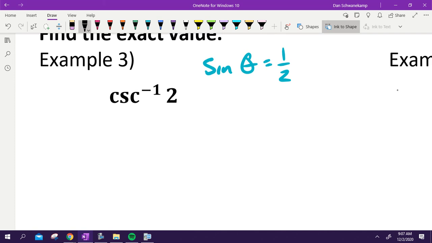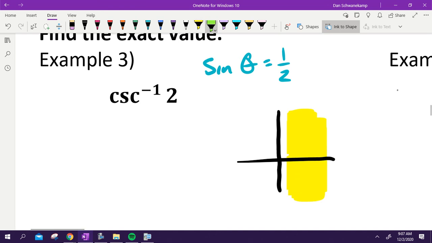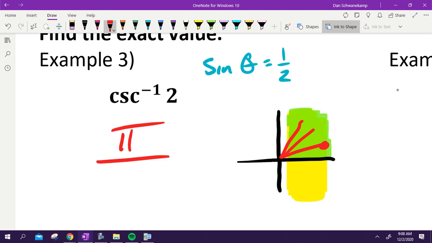Which two quadrants am I looking at if I'm doing sine? 1 and 4. It's positive, so which quadrant do I really care about? I'm in quadrant 1. Where in quadrant 1 is sine going to be 1/2? Top, middle, or bottom? The bottom one is 1/2. That is at pi over 6. That is pi over 6 if you looked at a unit circle. Good there?